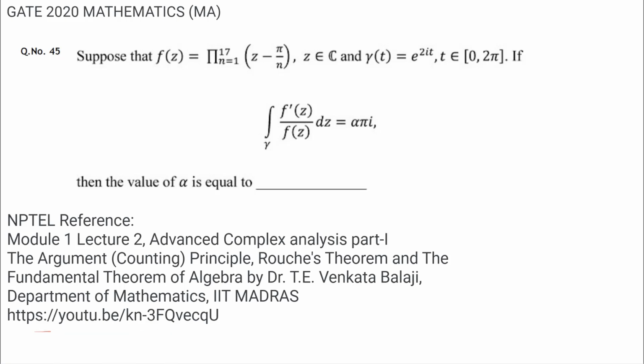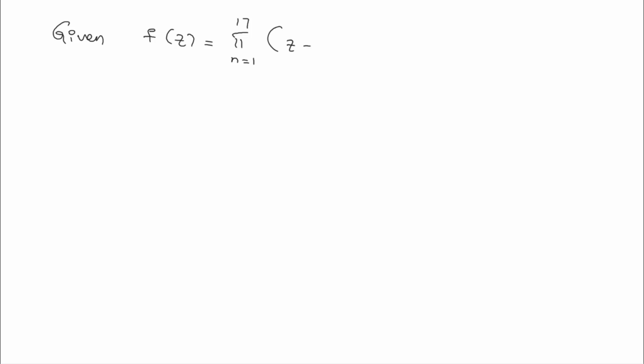Now coming to the solution. Given f of z as the product for n equal to 1 to 17 of z minus pi divided by n.